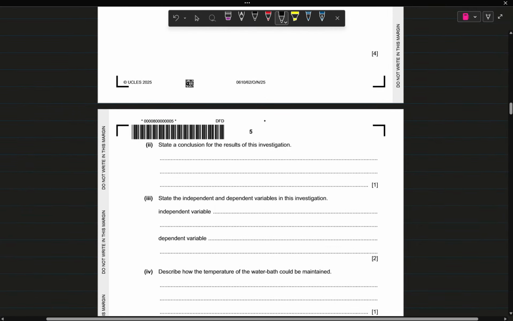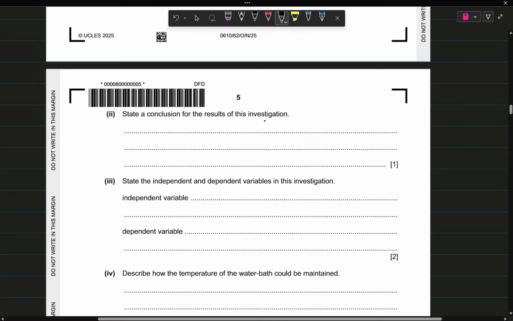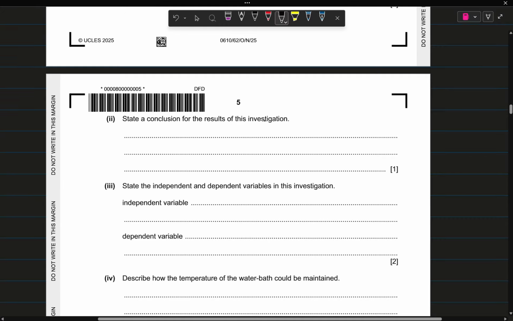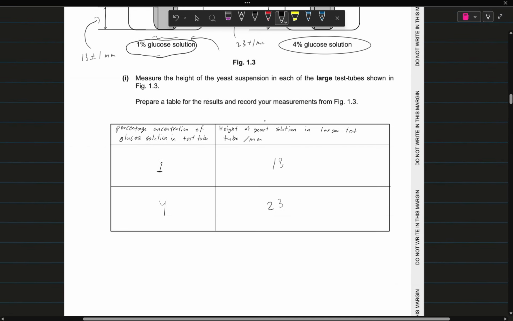Okay, now moving on. Here for part 2, it asks us to state a conclusion for the results of this investigation. Essentially, what they want us to do is that we should either use the illustration or the table, which is a bit more clear, to draw a conclusion.